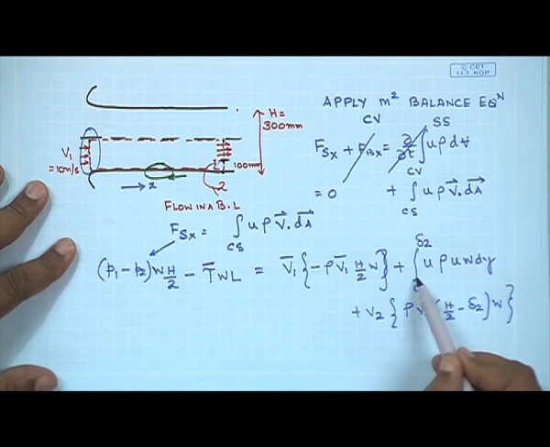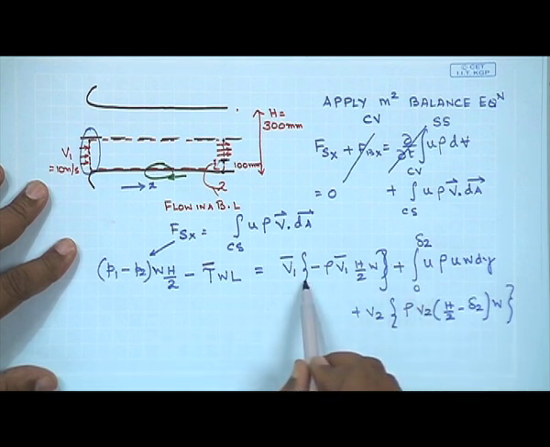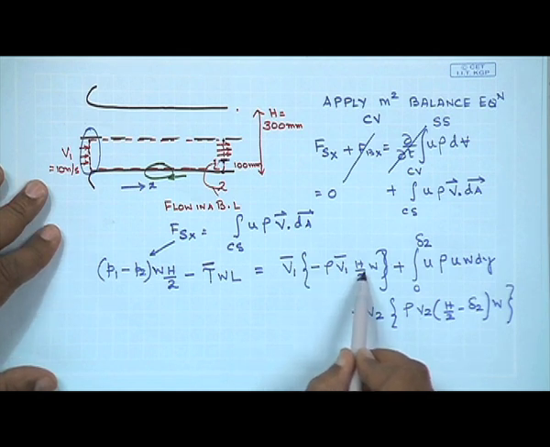Also note, since the mass flow rate is going out of the control volume, both these terms are going to be positive. Unlike the first term, since mass is coming in, it's going to be negative.